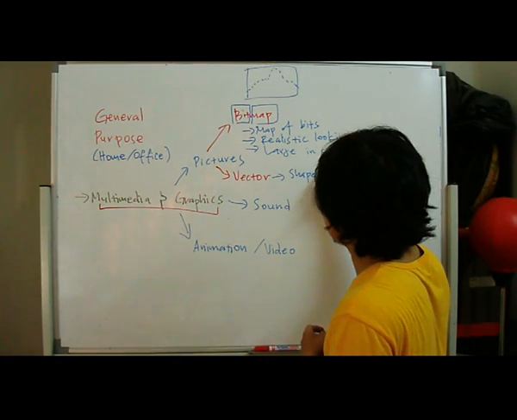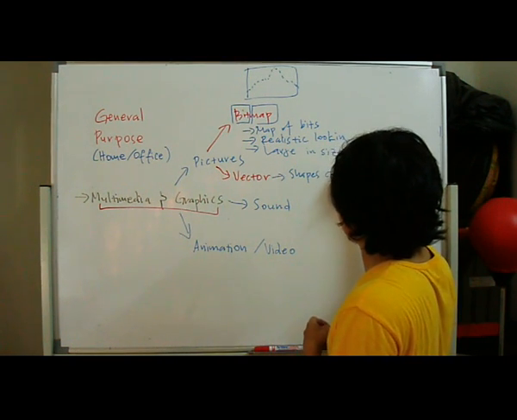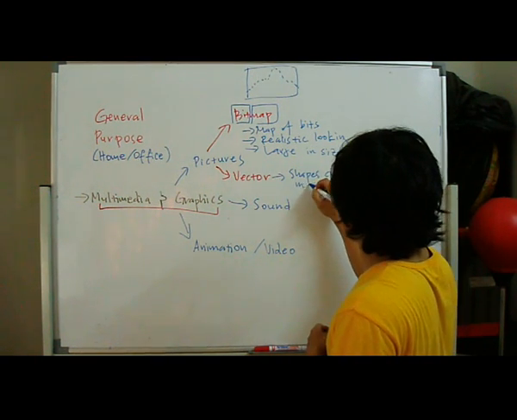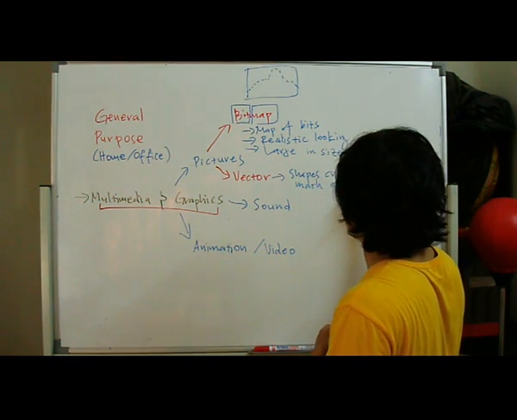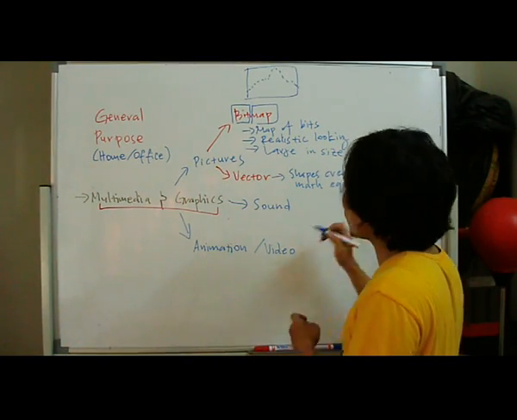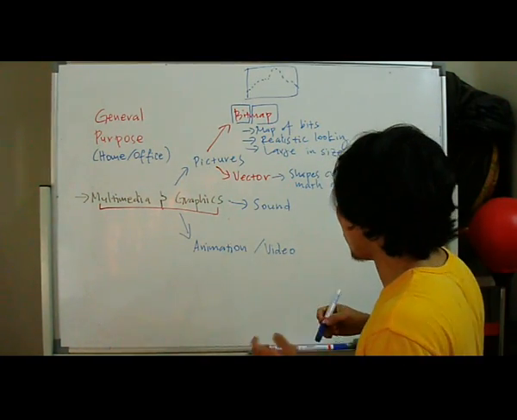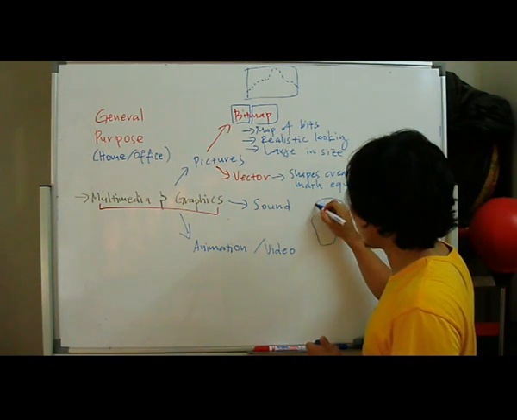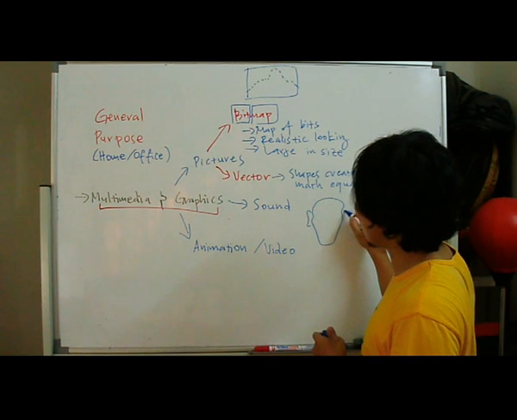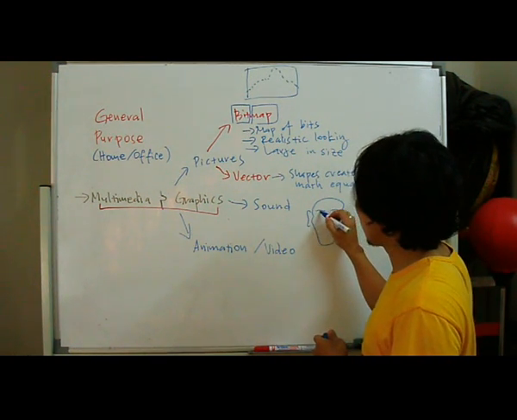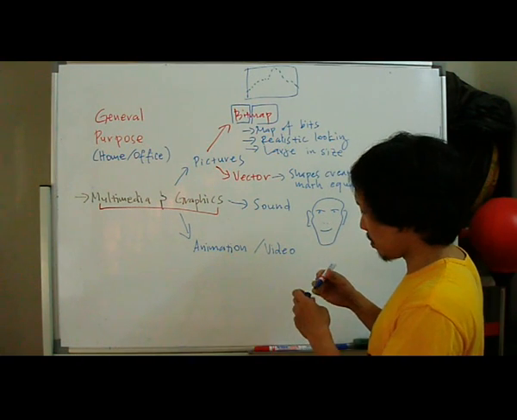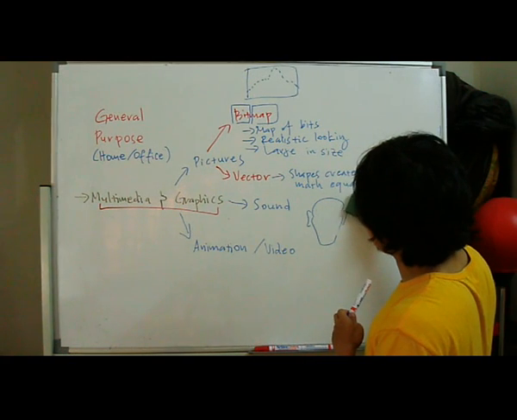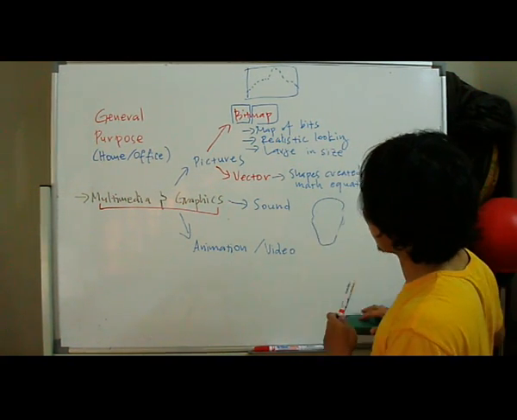So vector are really shapes created using math equations. So when you create shapes like that, let's say you have a picture of someone, and it is a definite shape like that. Then you put his ear, and then his eyes, and then his nose, and then his mouth, for example. Now, if we get rid of all of these eyes and everything, we have that shape in the center, which is supposed to be the shape of the face.